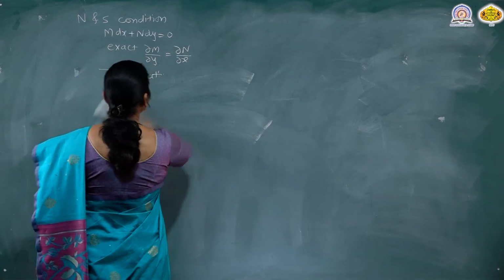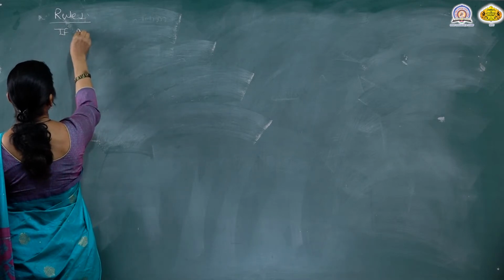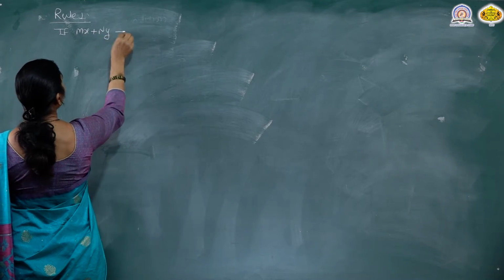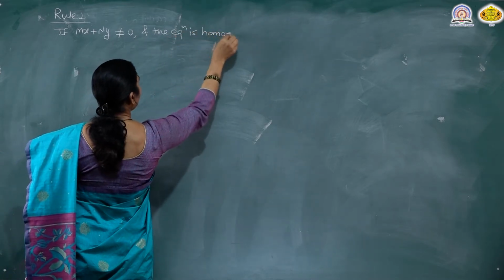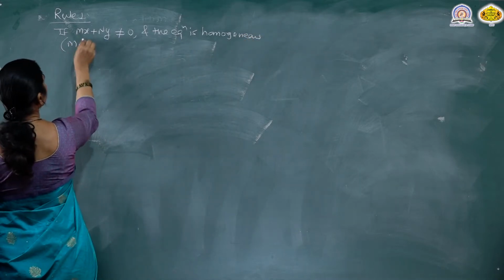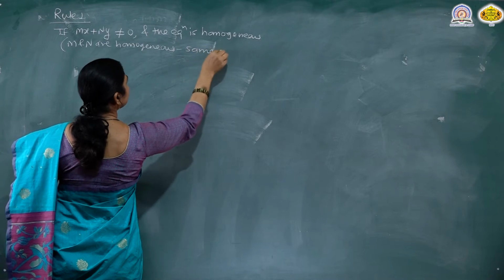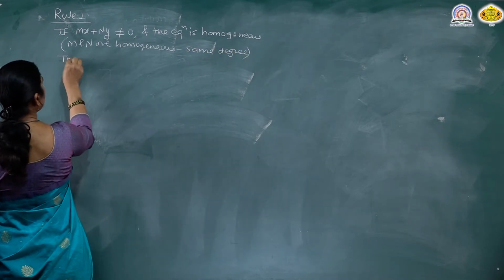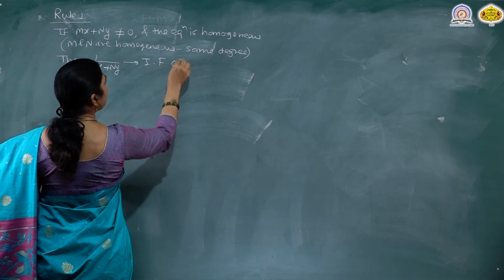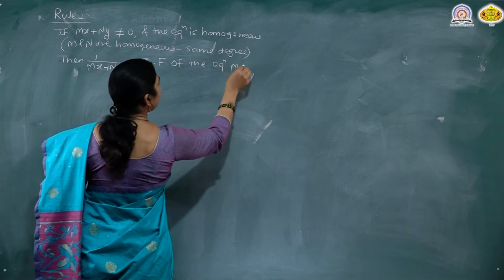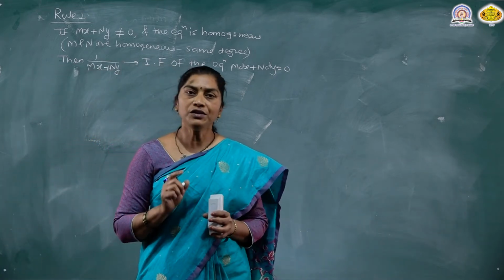The first rule to find the integrating factor is: if Mx plus Ny is not equal to 0 and the equation is homogeneous, meaning M and N are homogeneous, that is, they are of the same degree, then in such a case 1 upon (Mx plus Ny) will be the integrating factor of the equation M dx plus N dy equal to 0. So, this is the first rule to find the integrating factor.